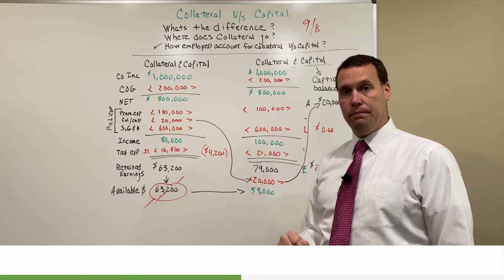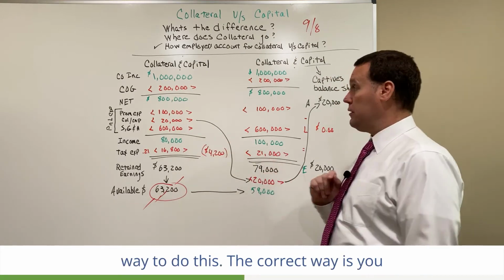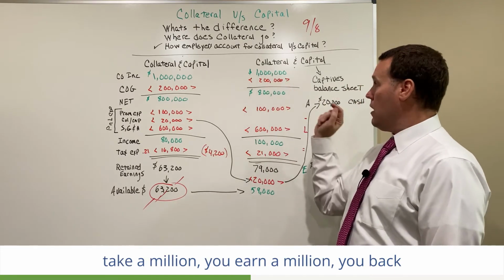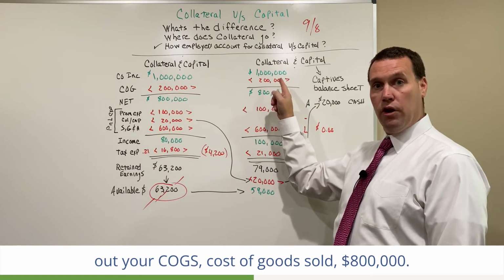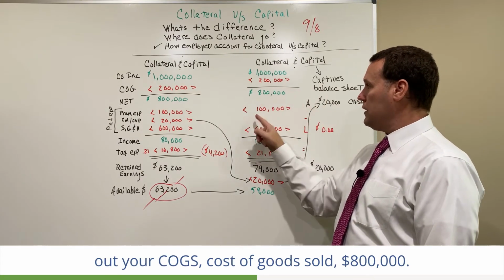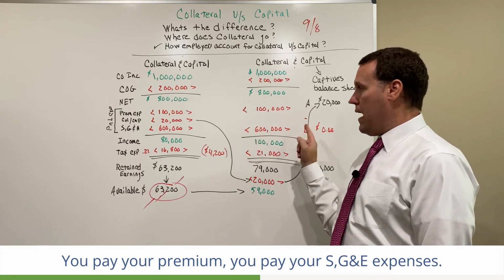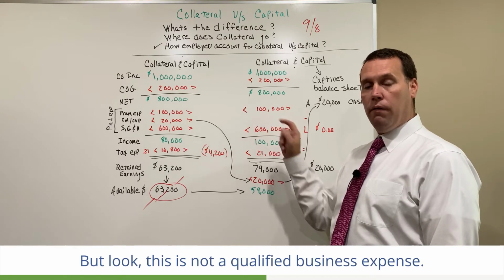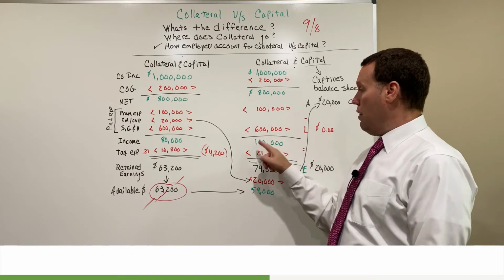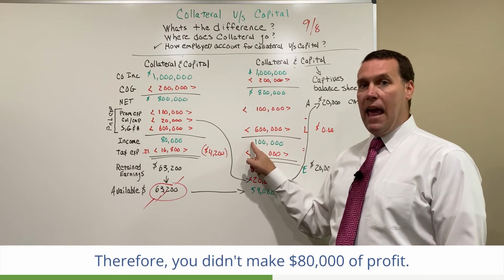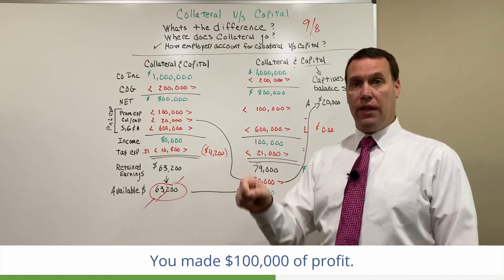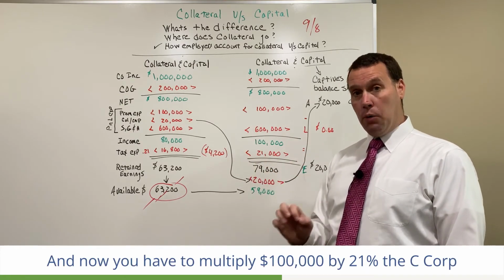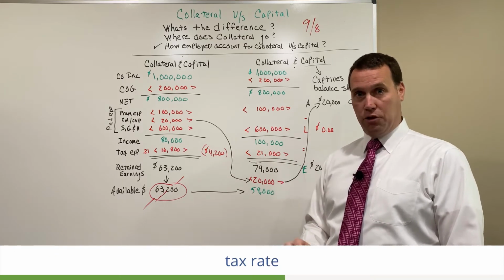Well, that's not right. That's not the right way to do this. The correct way is you take $1 million, you earned $1 million, you back out your COGS, cost of goods sold, $200,000, you pay your premium, you pay your SG&A expenses, but look, this is not a qualified business expense. Therefore, you didn't make $80,000 of profit, you made $100,000 of profit, and now you have to multiply $100,000 by 21%, the C Corp tax rate.